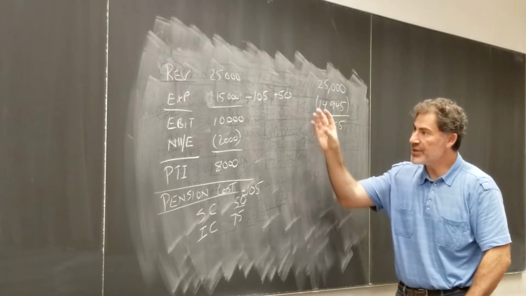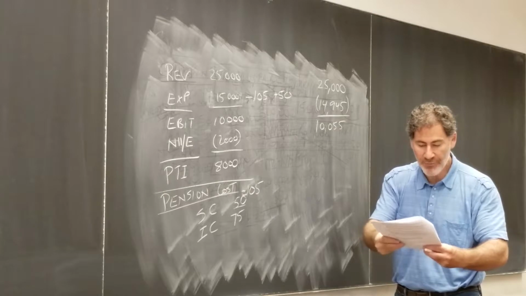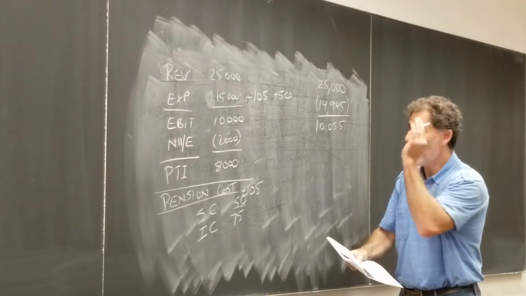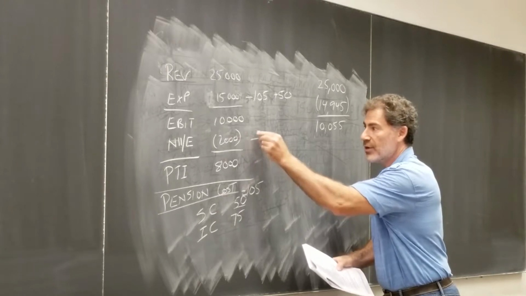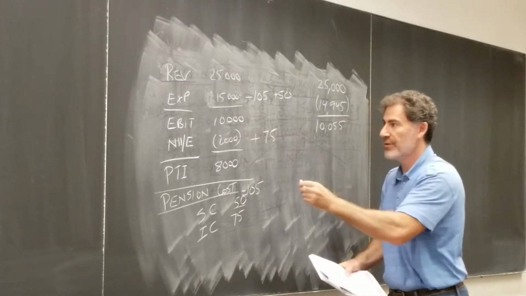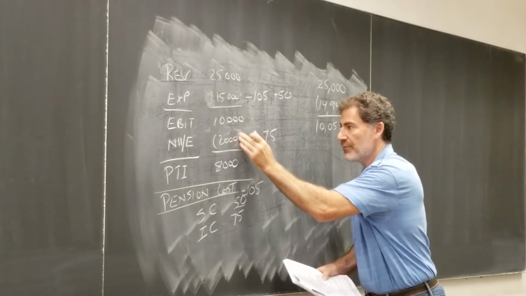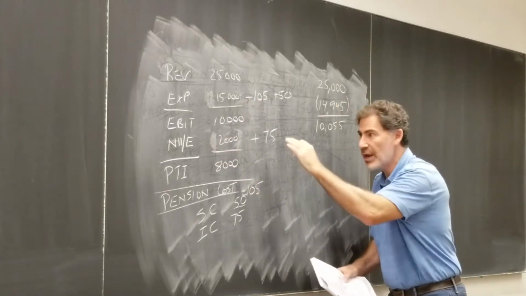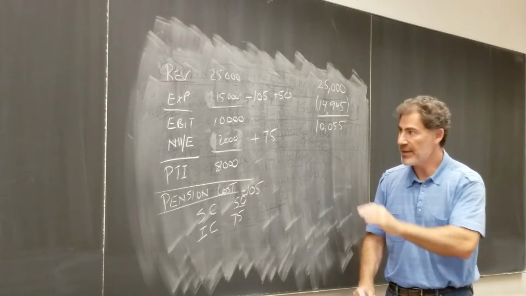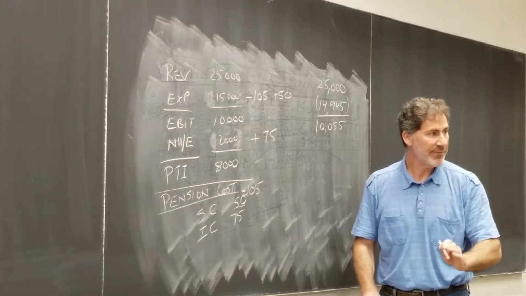We're going to take the 75 from the interest expense and put it right here. So we're going to increase this by 75. Let's not get fooled by this minus sign. We know what to do on an income statement. So now this net interest income expense, we're up to 2,075.